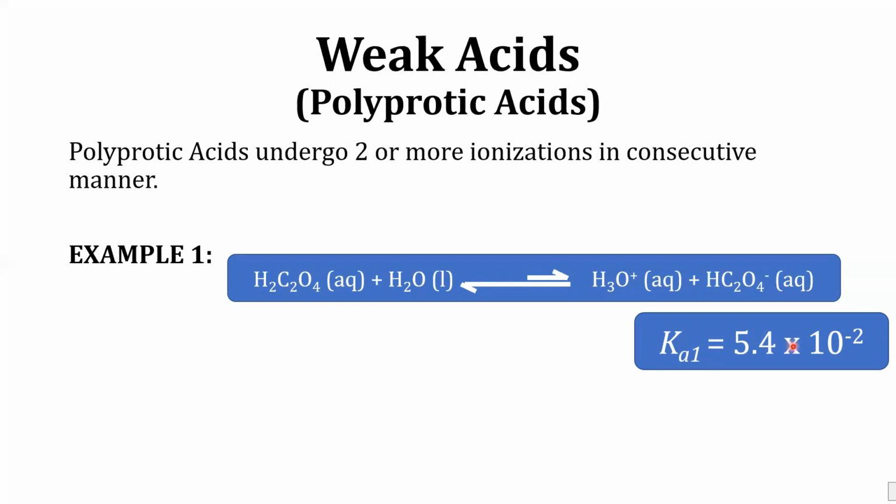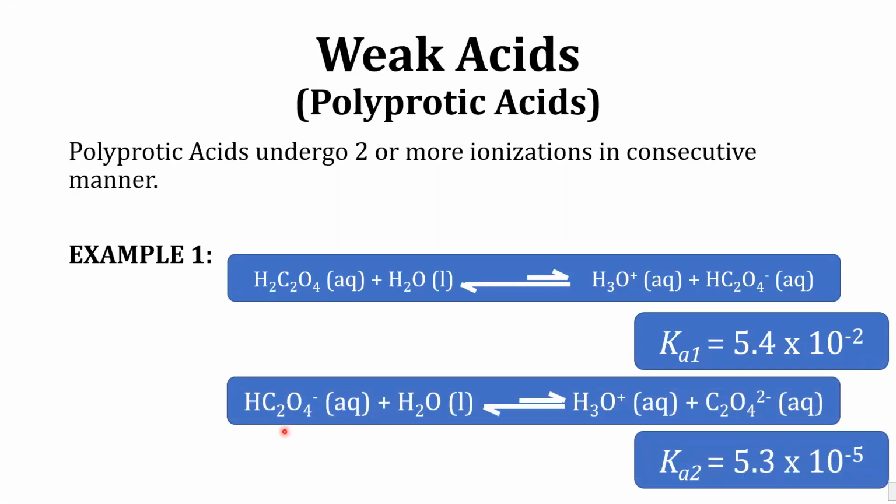Ka1, or the first acid dissociation constant, is 5.4 times 10 to the minus 2. The second ionization process is aqueous hydrogen oxalate ion in liquid water ionizes partially to produce hydronium and oxalate ions. Ka2, or the second acid dissociation constant, is 5.3 times 10 to the minus 5.